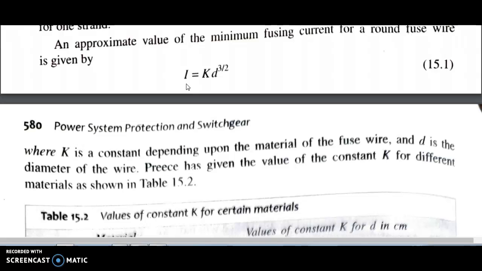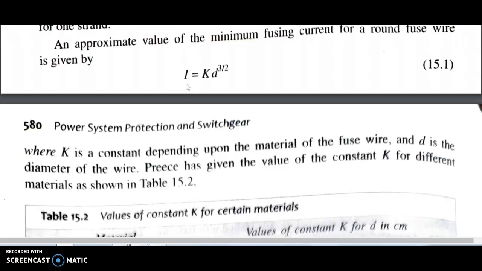So the minimum fusing current for a standard fuse wire will be less than the product of the minimum fusing current for one strand and the number of strands. Strands means a cable group, that is, a bundle of cables.